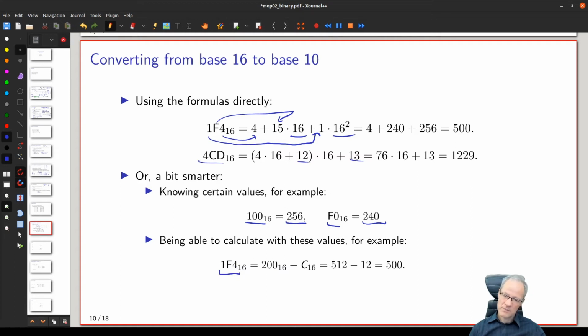In fact, it's only 13 less than 200 in hexadecimal. So we can write the same thing as 200 minus C. So C is equal to 13, by the way, meaning that 4 plus C is equal to 10 in hexadecimal. All right? Now that we know that, I think C is equal to 12.